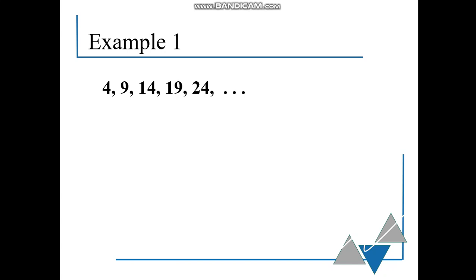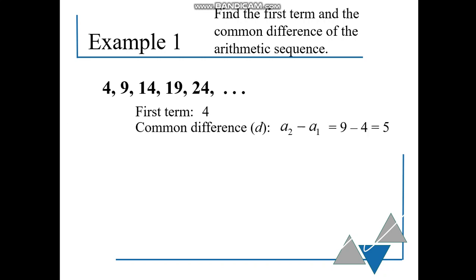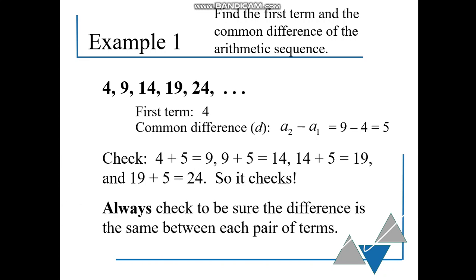So here's another example. We want to find the first term and the common difference. So the first term is just the one in the front. So that's a 4. The common difference is going to be my second term minus the first term. So that's 9 minus 4, which is 5. And then I want to check.